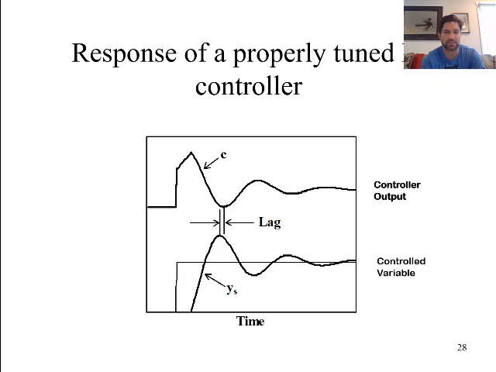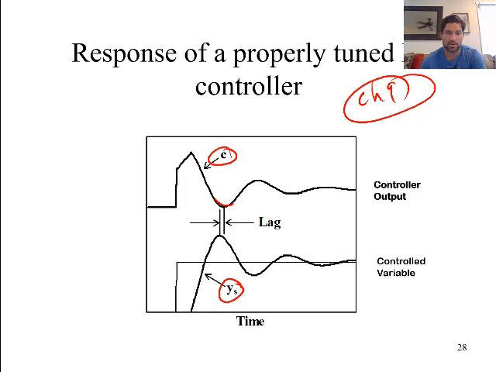So how do we know which one to change? Once we properly tune a controller, and we're going to do this in Chapter 9 coming up, and we'll go through a variety of tuning mechanisms, we'll come up with the right ratio between Kc and tau I. Okay, if we plot the controller output versus the control variable, or the sense value, so here's ys, and here's the controller output.